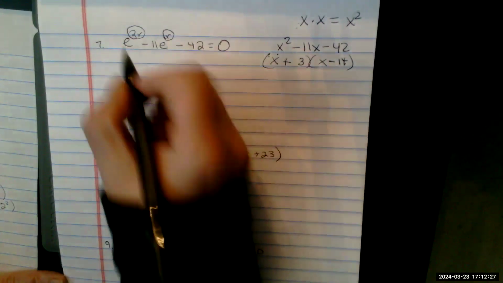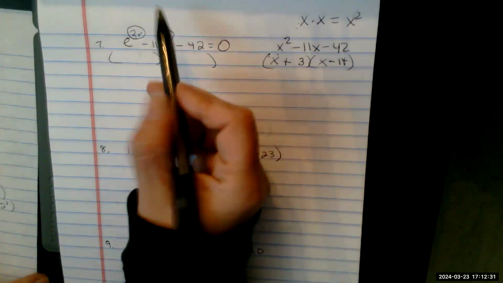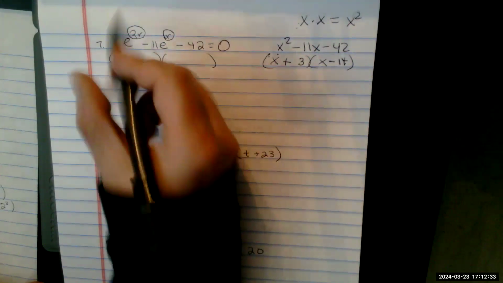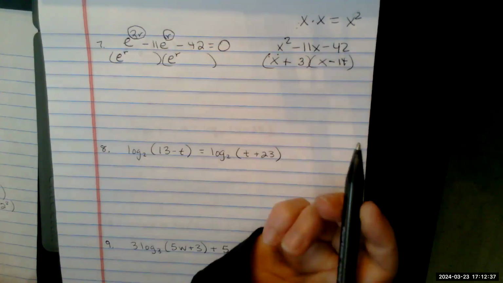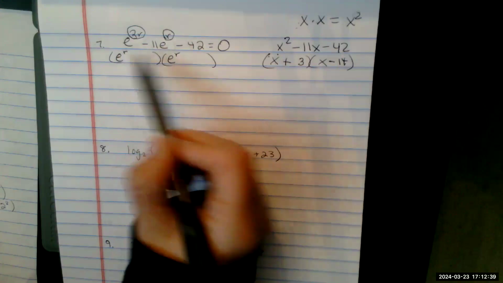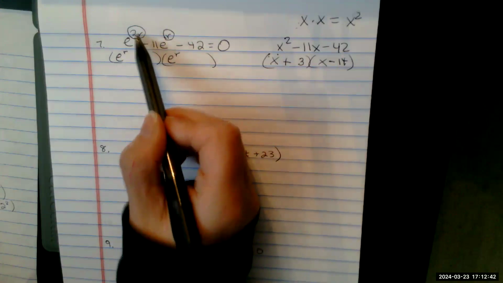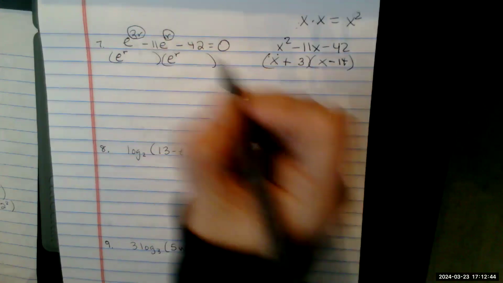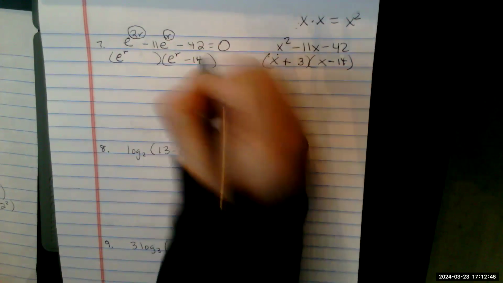So applying that over here, the only difference is instead of x and x, to get to this e to the 2r, we would need e to the r and e to the r. Because remember, if I multiplied them, I would really add the r's, which would give me 2r. So I just need to put my same numbers in there.